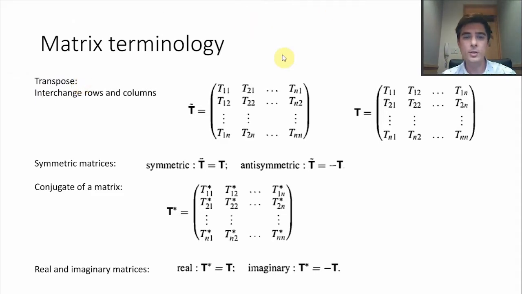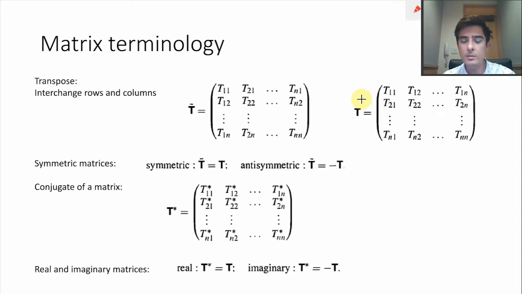If you've got your matrix here, then the transpose of this, and here I've taken this from Griffiths, I think, the notation he uses is a tilde, which means the transpose. Some other notation that is often used is a little t.